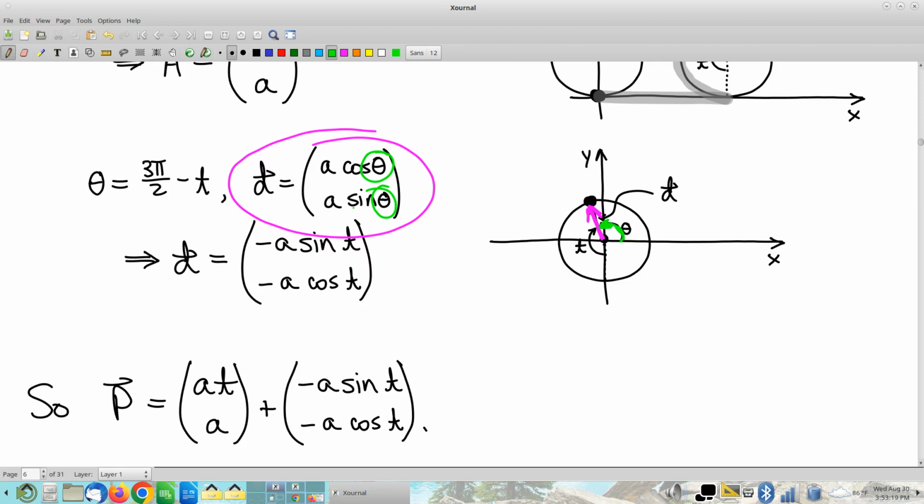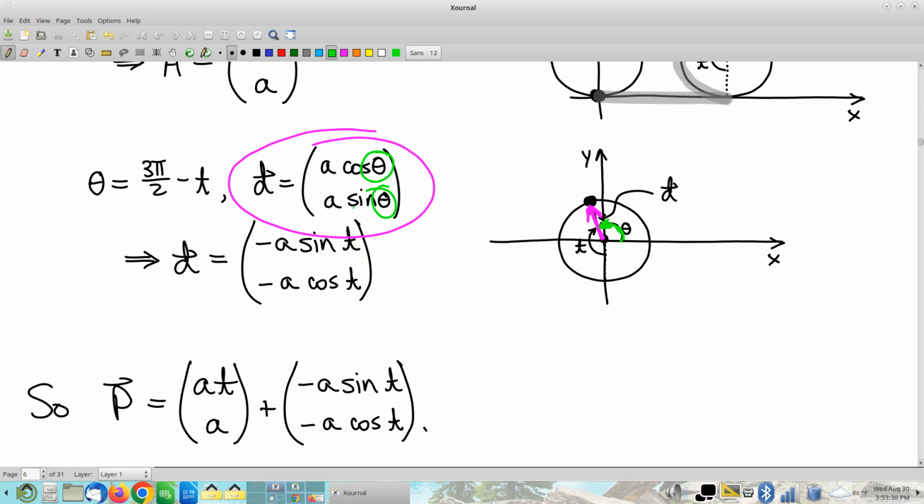So that's flashbacks to high school trig, right? You can make a little triangle if you like, but those x and y coordinates, a little bit of high school trig, A cosine theta, A sine theta. Is everybody happy with that? Now we're not done yet, but does everybody see that part at least?